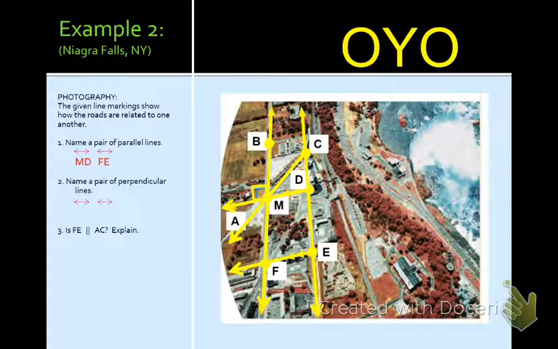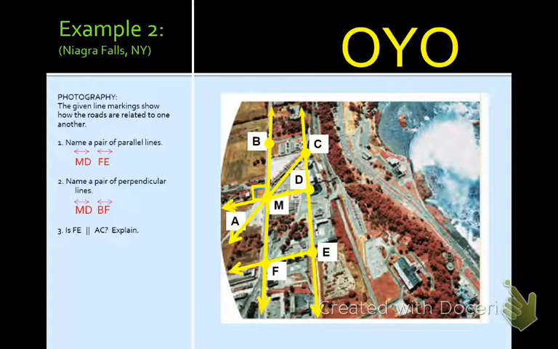DA and BF, yes, that's correct. The vertical line and then DA. Let's see how they named it. They named it MD. AD and MD are the same thing. So MD and BF would be perpendicular, as shown by this box.